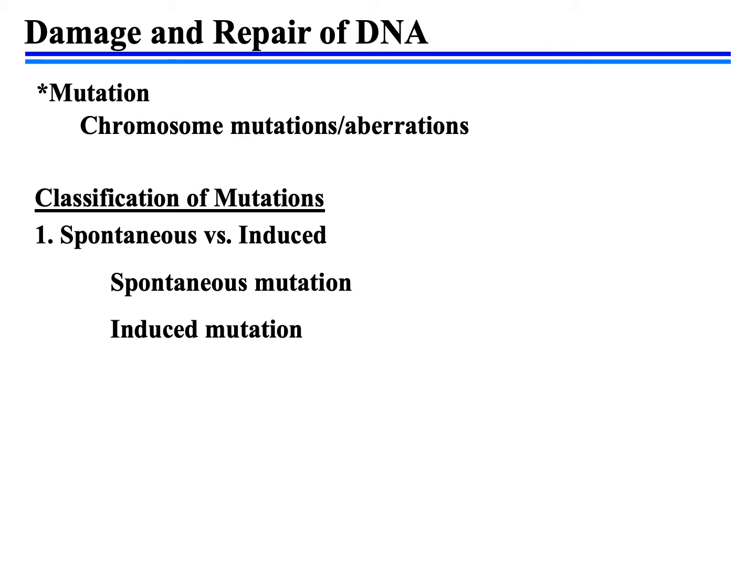It's a naturally occurring mutation, and it's not induced by any specific mutagenic or chemical agent. It's just something that happens, for lack of a better way of saying it. That's in contrast to something referred to as an induced mutation. And an induced mutation is one that results from the influence of an artificial factor of some sort.